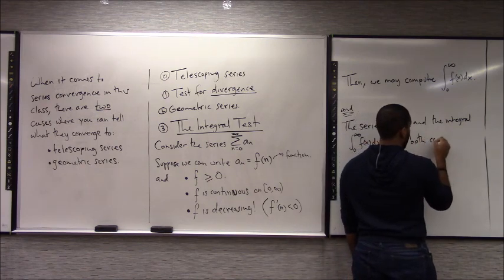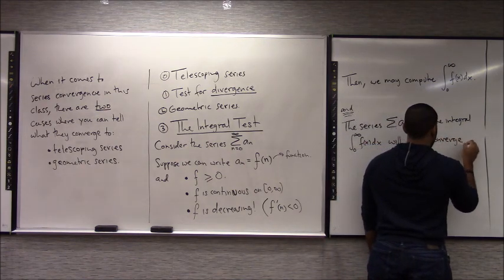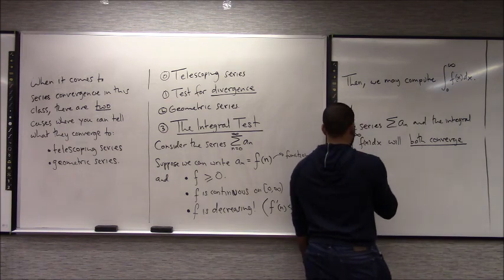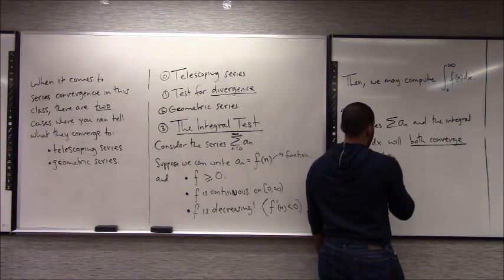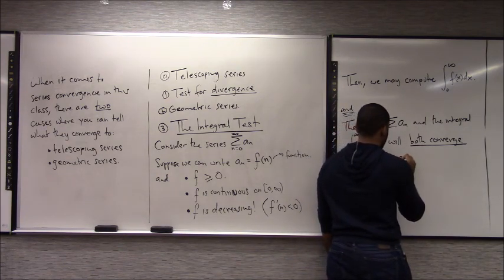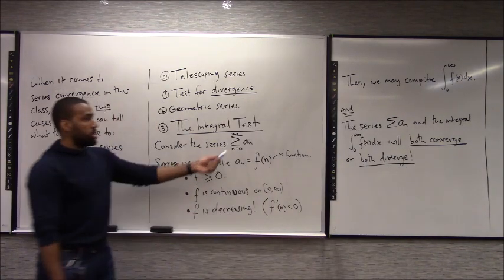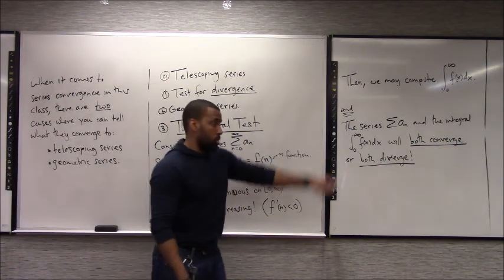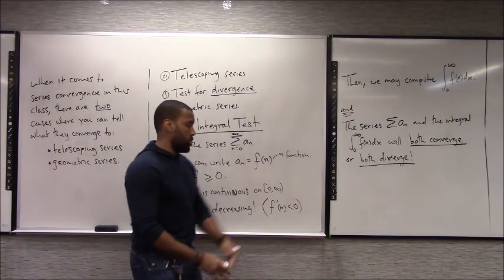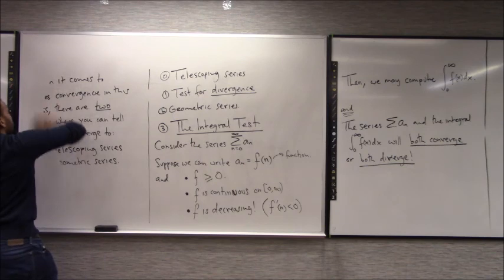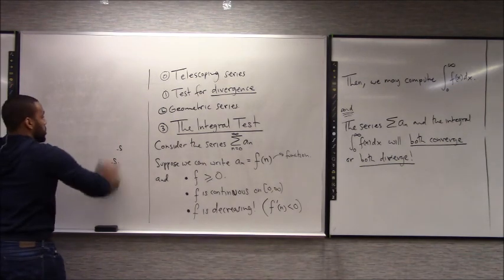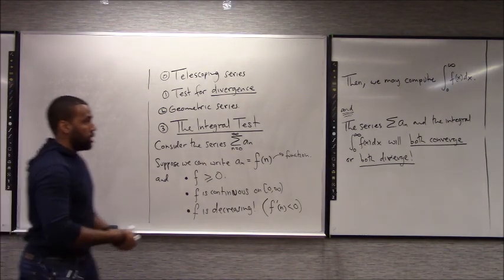They'll either both converge together or both diverge. So you can talk about this series based on what that integral is doing, and the idea is that computing an integral will be easier than actually computing the series itself.